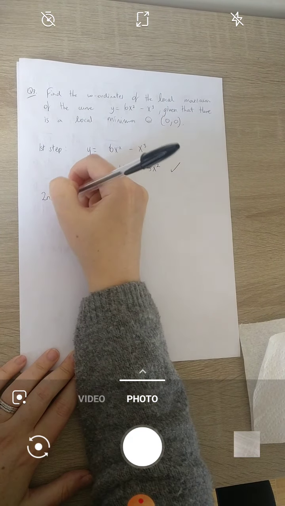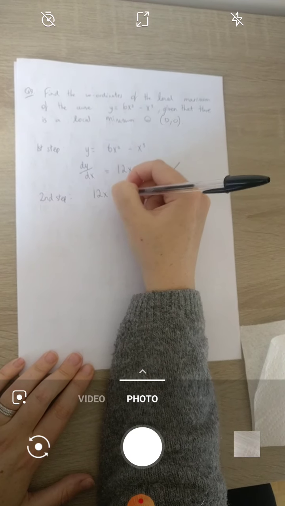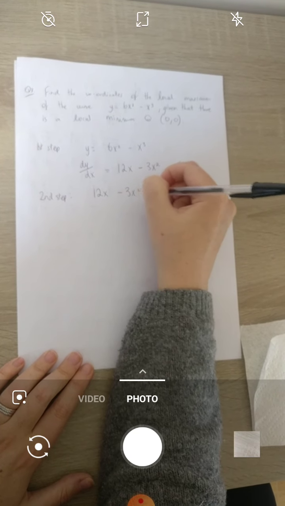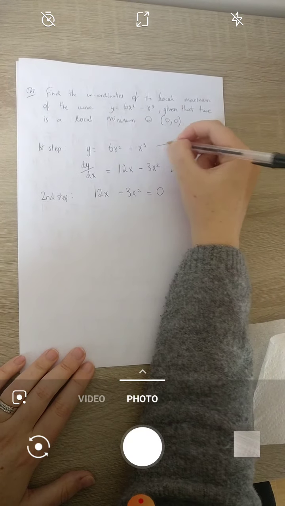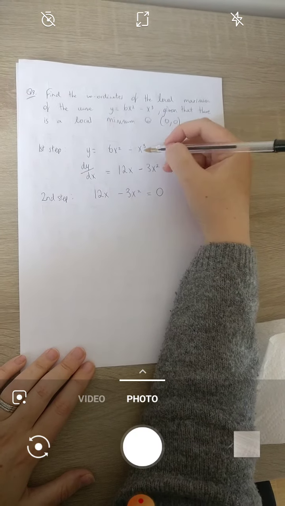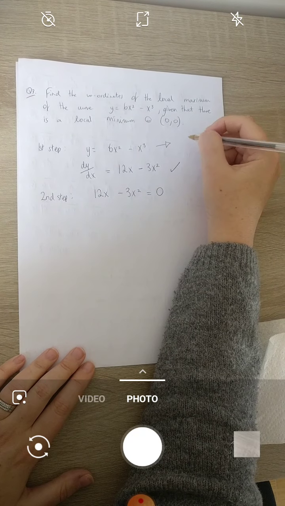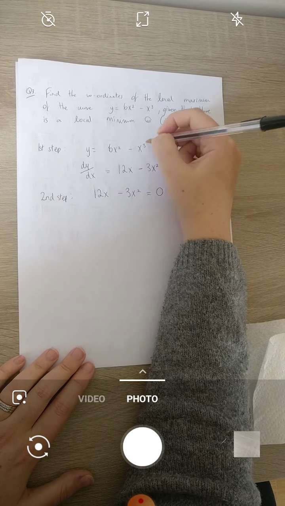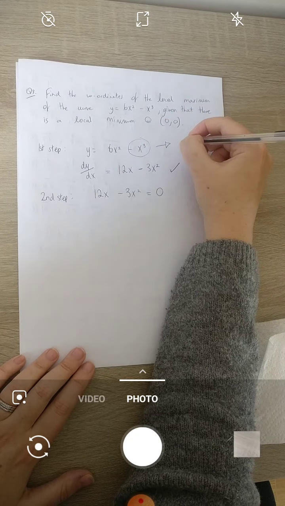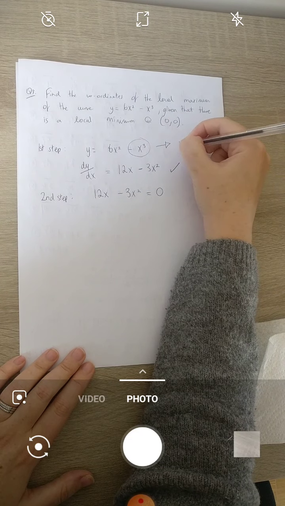Second step, we let the derivative equal 0. So 12x minus 3x squared equals 0. Sorry, I just want to talk about the shape of that curve. Because it's a cubic function, we are looking at two turning points, but because it's negative x cubed, it would go downhill first from left to right.